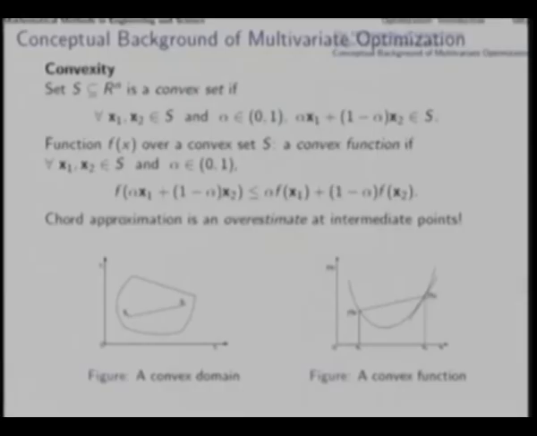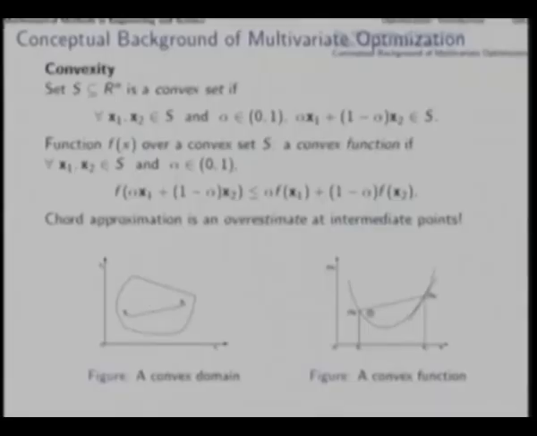So, schematically seeing, this is a convex domain because any 2 points that you can take in this will ensure that the straight line join of those 2 points is completely inside. Now, this graph of the function that is shown is a convex function, because you see that if you take 2 points x1 and x2 and the function values here, now a linear interpolation between them, a chord approximation, will be given like this.